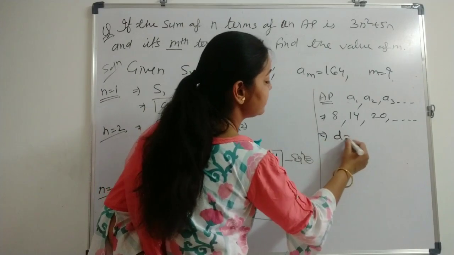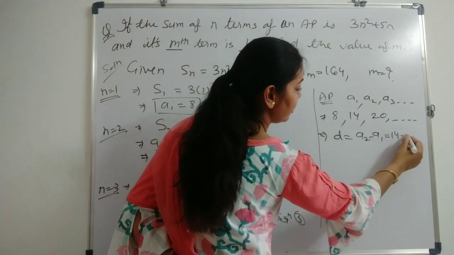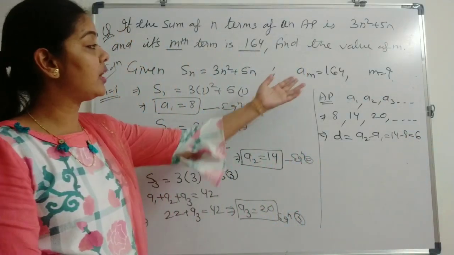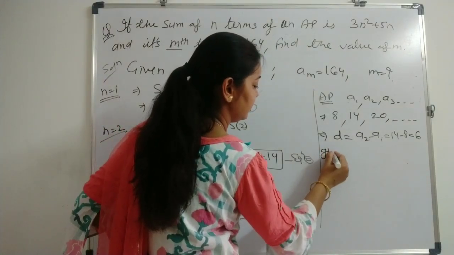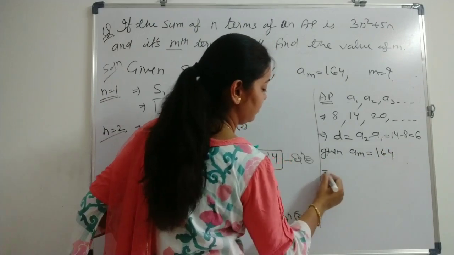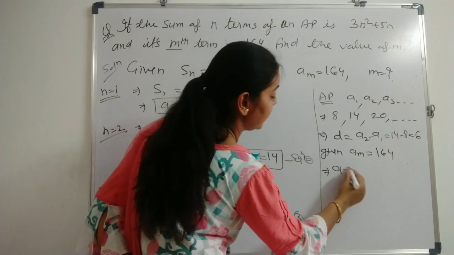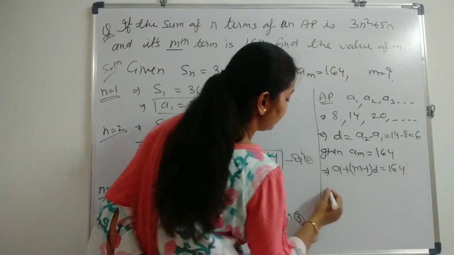Now what is the common difference D? That is A2 minus A1, 14 minus 8, that is 6. Okay. Now we are given Am. Am will be equal to 164. Using the formula for the mth term, we get A plus m minus 1 into D equals 164.